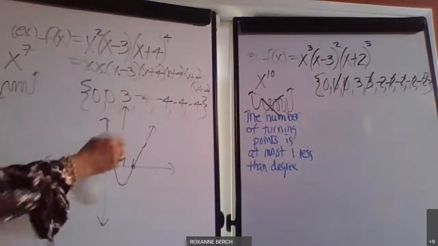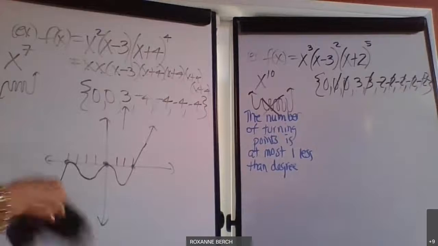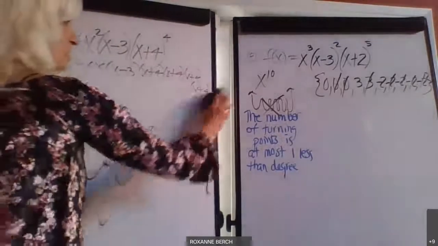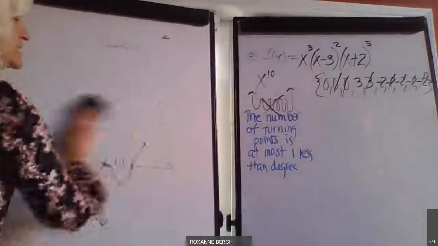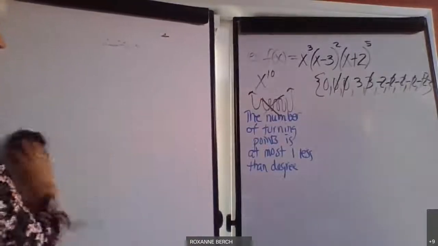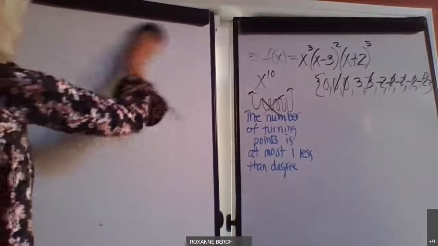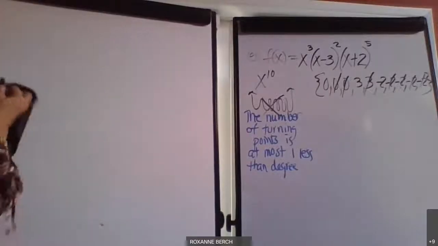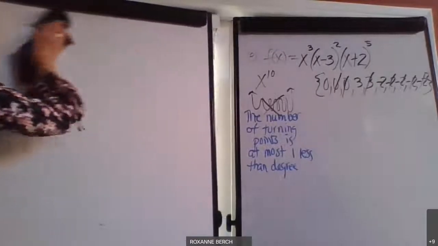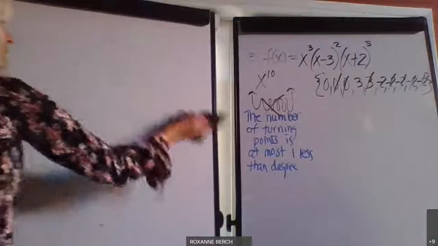So let's do the graph over here. The multiplicity of 0 is 3. The multiplicity of 3 is 2. And the multiplicity of negative 2 is 5. Check this out. Let's do the graph.